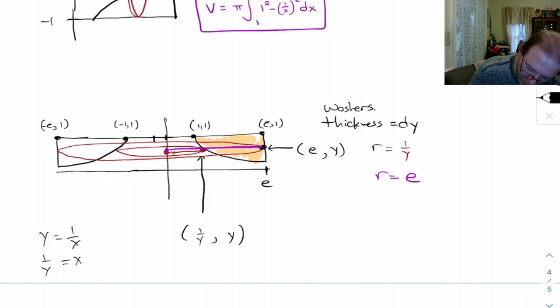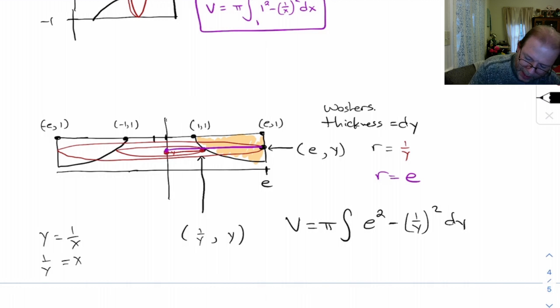So our volume is going to be pi times the integral of big radius squared minus little radius squared dy. And my endpoints, since these things are lying down, the endpoints go from the lowest to the highest. So on here, that's going to be from here up to here.